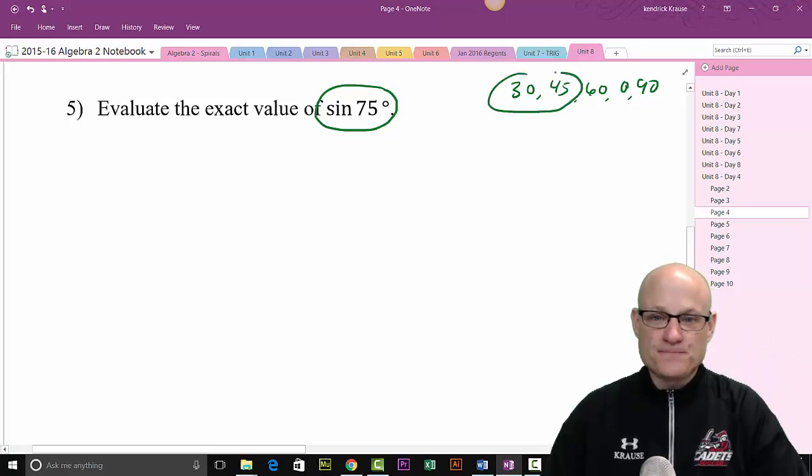Can I make 75 with these? Sure you can. It's right here. So we're going to call this the sine of 30 plus 45.